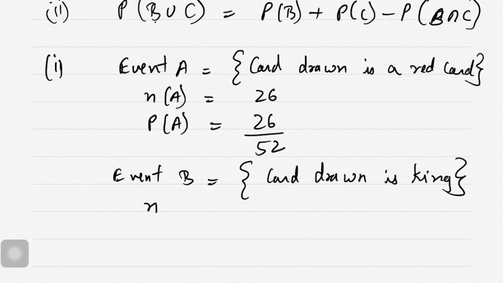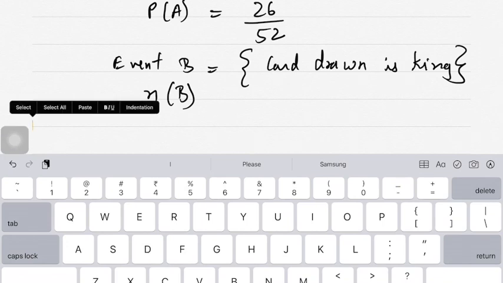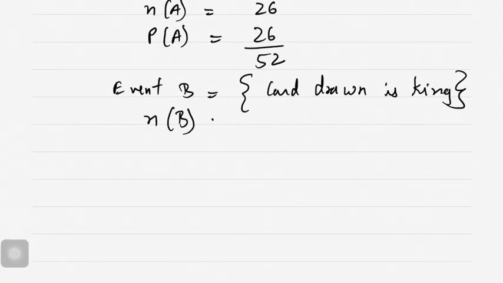Card drawn is king. That means n of B is equal to, how many cards are there? How many kings are there in one pack of cards? 4, right?